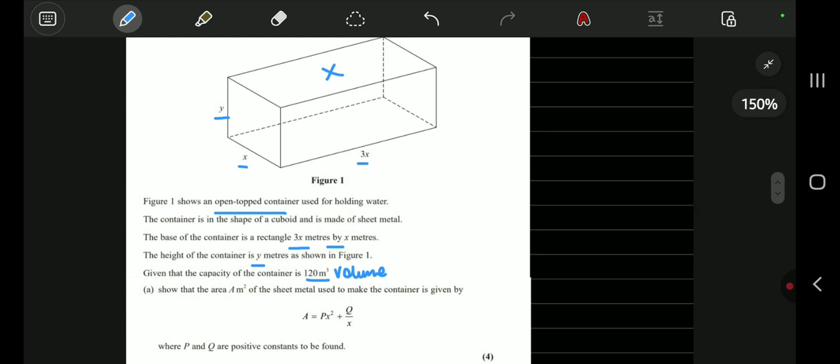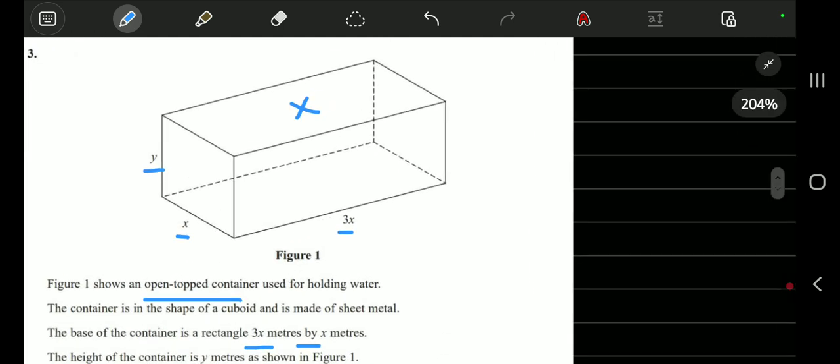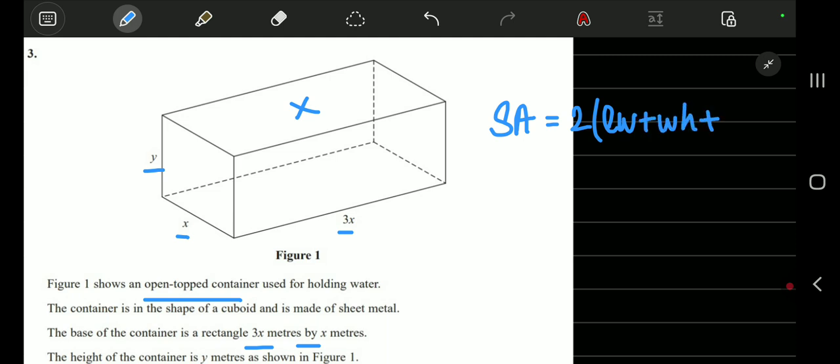That means there will be no top surface area, just the bottom surface area and the side surface areas. So first we need to find the formula for the surface area of a cuboid. Generally, the formula is 2 times length times width plus width times height plus height times length.